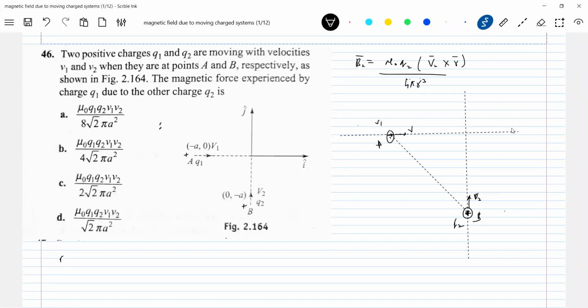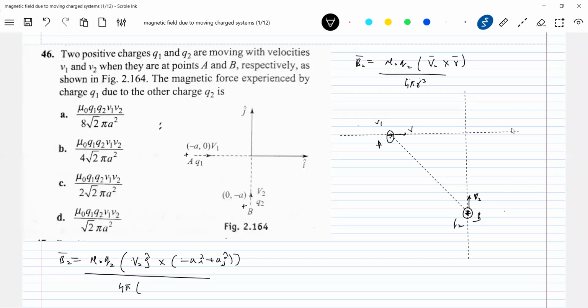So in vector form, B2 equals mu naught Q2, V2 will be V2 j cap, cross R bar, which is minus A i cap plus A j cap, over 4 pi, times the magnitude R cube.